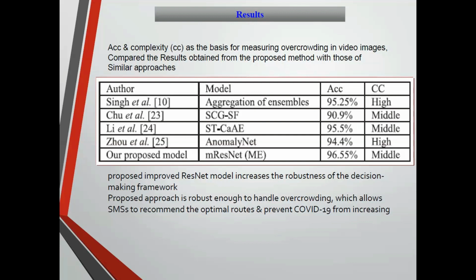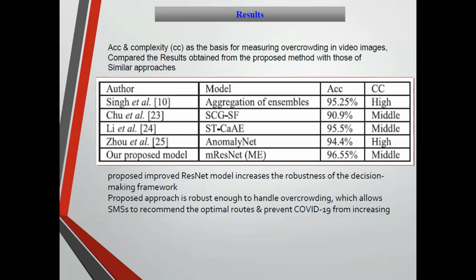And our proposed model, the modified residual neural net model, gives a better response in terms of accuracy, like 96.55, and the complexity is middle. Our objective is to minimize the complexity level even more in the future.